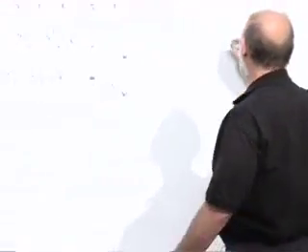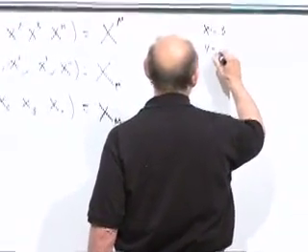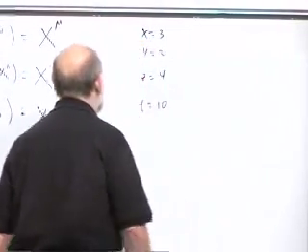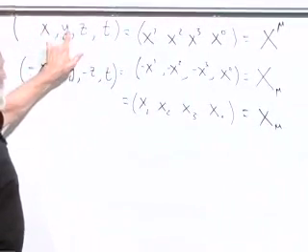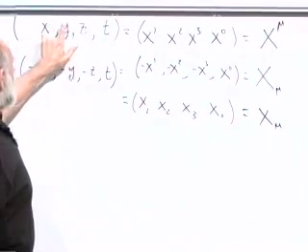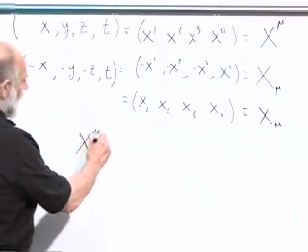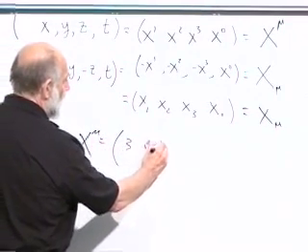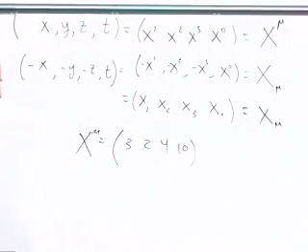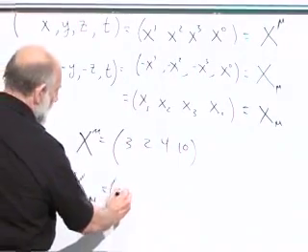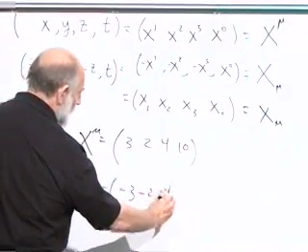So for example, if I pick the point x equals 3, y equals 2, z equals 4, and t equals 10, then the standard expression here would just be 3, 2, 4, 10. That would be x mu. X mu would equal 3, 2, 4, 10. But this would be -3, -2, -4, and 10.